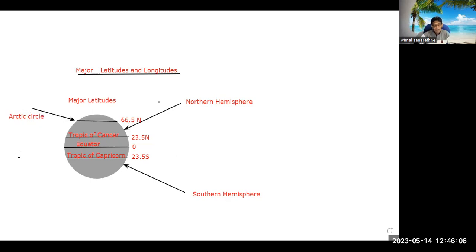Then another important latitude is 66.5 south. It is called Antarctic Circle. Antarctic වෘත්තය. Antarctic Circle.